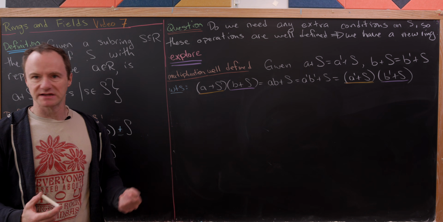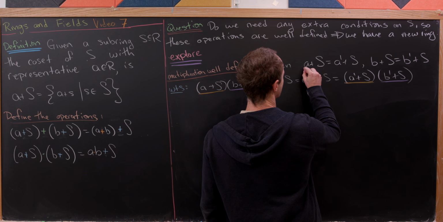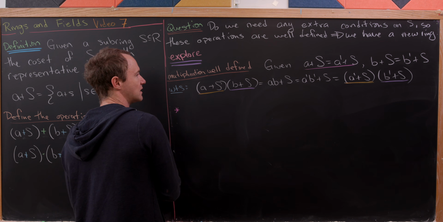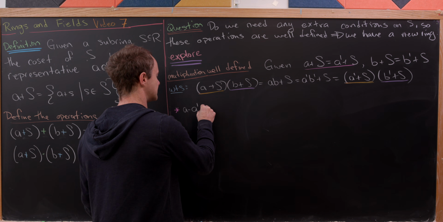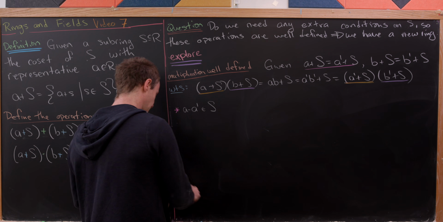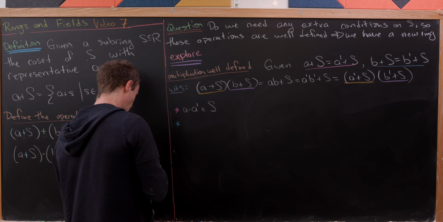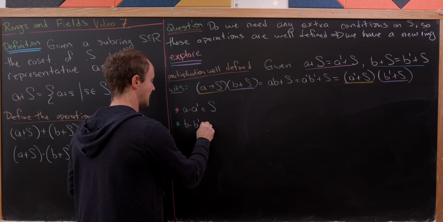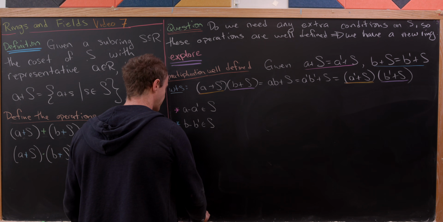Okay, so let's see where we can go from here. Let's do the same kind of thing that we did before. Notice that this magenta underline will give us the equation A minus A prime is an element of S. And then this blue underline will give us the equation B minus B prime is an element of S. But now I'm going to do something slightly different than what we did before.